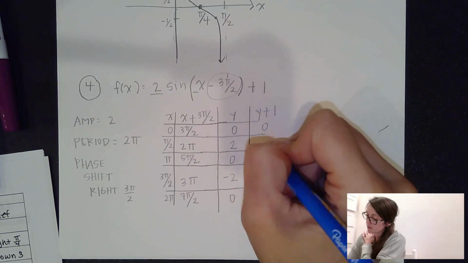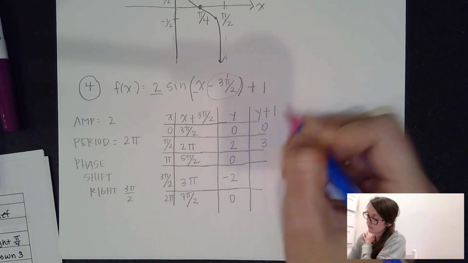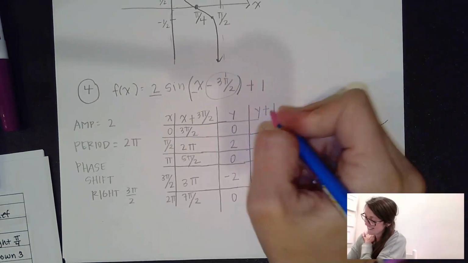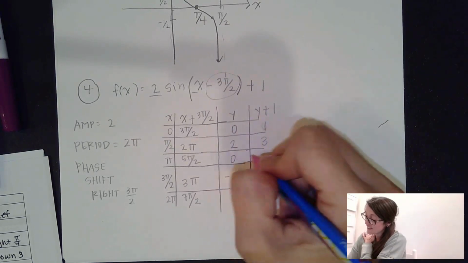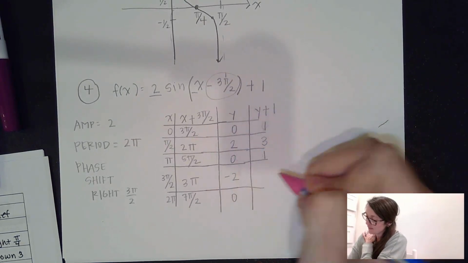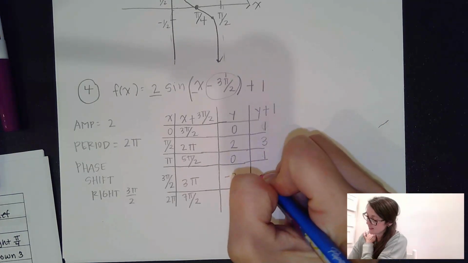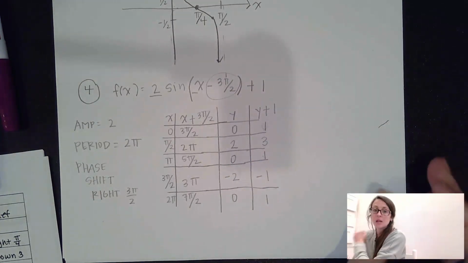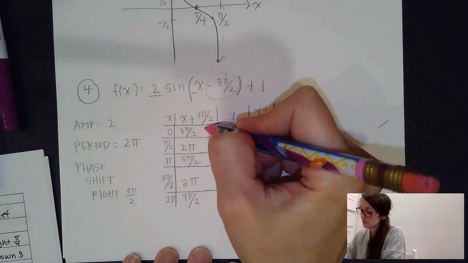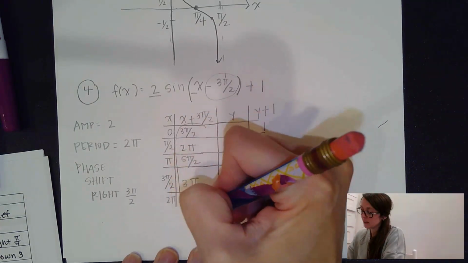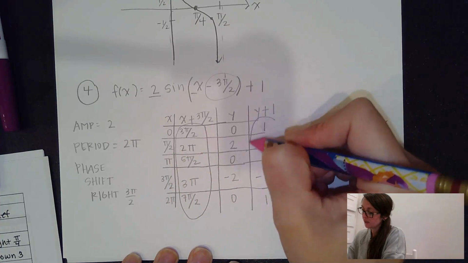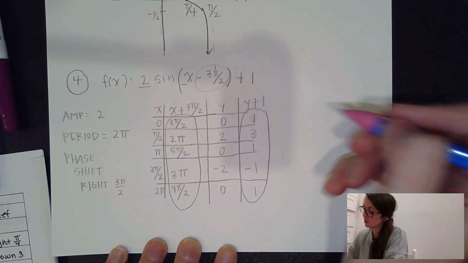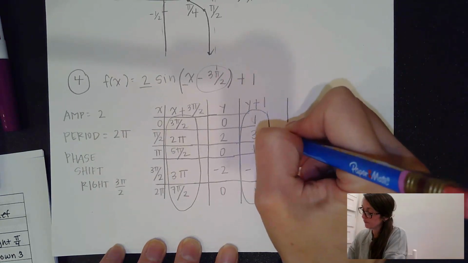So 0 plus 1 is 1. 0 plus 1 is 1. -2 plus 1 is -1. And 0 plus 1 is 1. So these are going to be your x-axis values, and now these are your y-axis values. So I just shifted the graph up 1 unit.